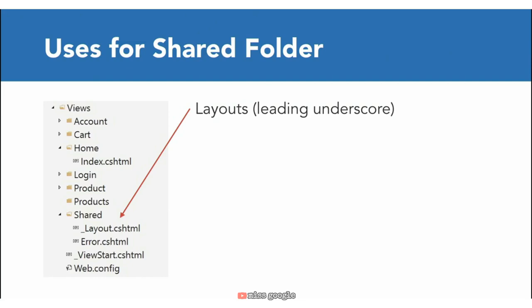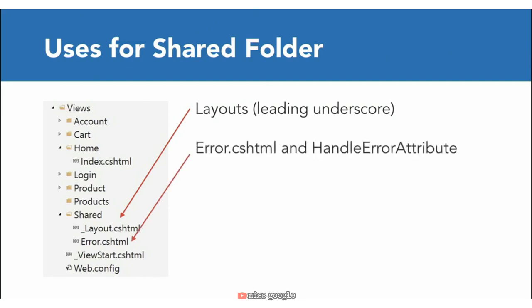First, you can put your layouts, which are like page templates, in this folder, and you can use them in views from any controller. Second, the HandleError attribute filter that we looked at earlier looks in this Shared folder for a file named Error.cshtml. This is the view that is used for any unhandled exceptions when they occur in the application.